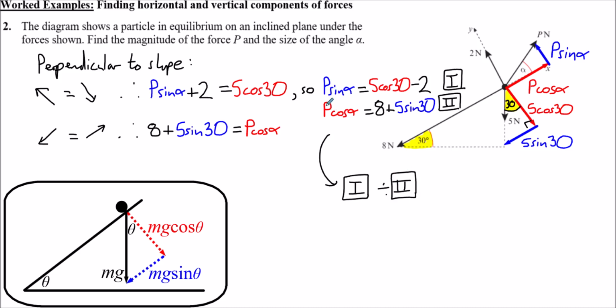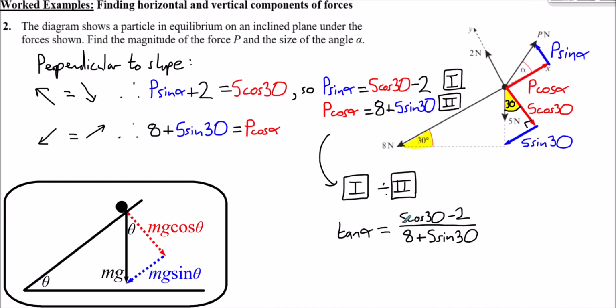The P's will cancel, and then I'll have sine alpha divided by cosine alpha, which will be tan alpha. So I will have eliminated P, and we'll end up with tan alpha. So tan alpha will be the top equation, 5 cosine 30 minus 2, all of that divided by 8 plus 5 sine 30, like so.